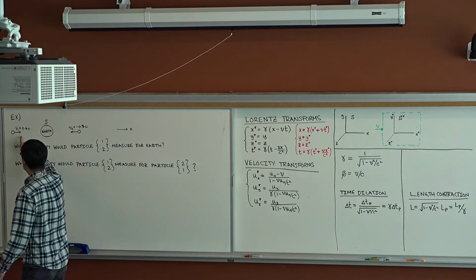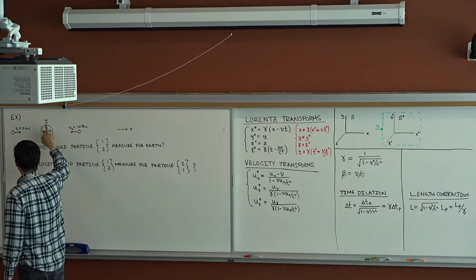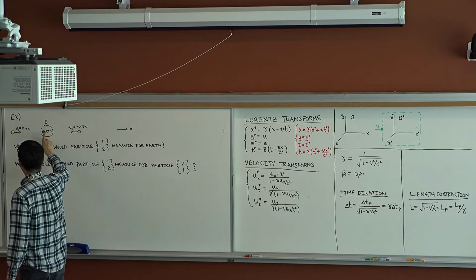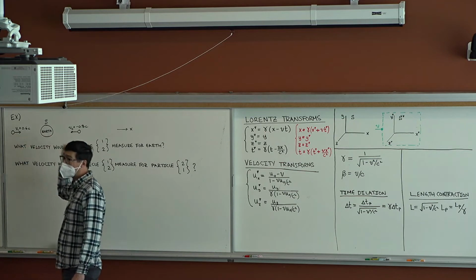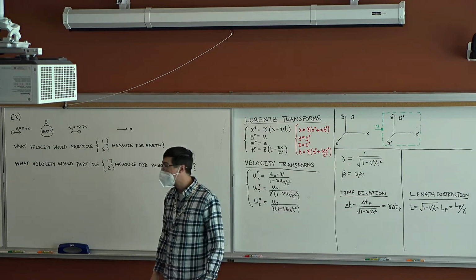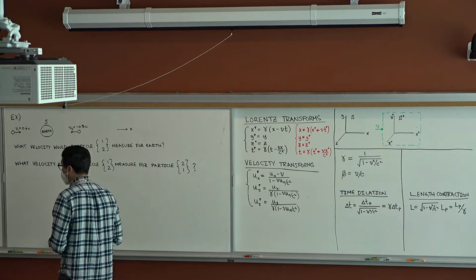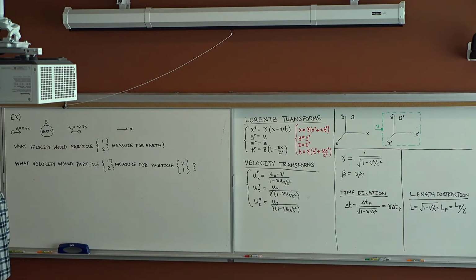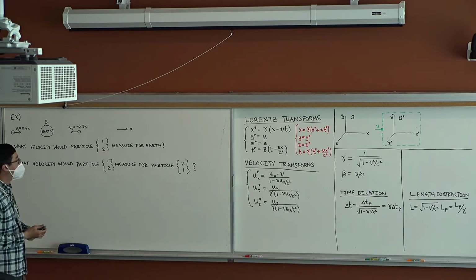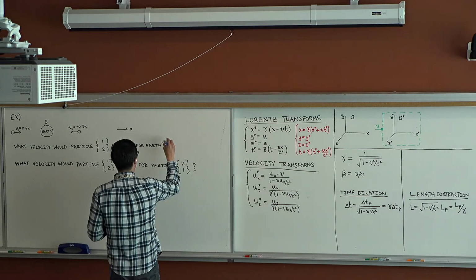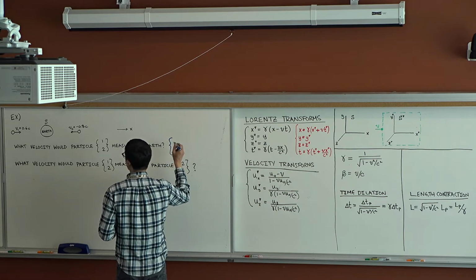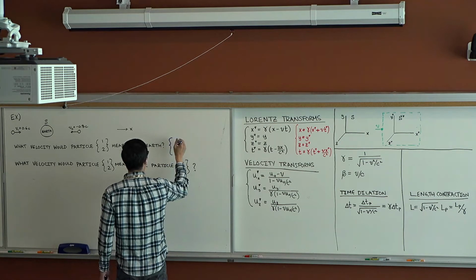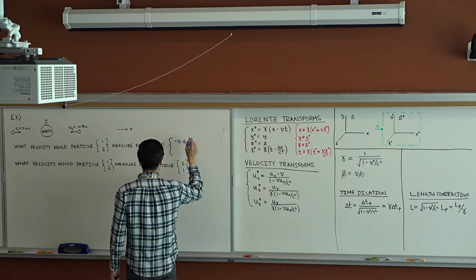Let's apply that here. For particle 1, Earth says that particle 1 is traveling in the plus x direction at 0.6 c. What does particle 1 say about Earth? It says Earth is traveling at minus 0.6 c.